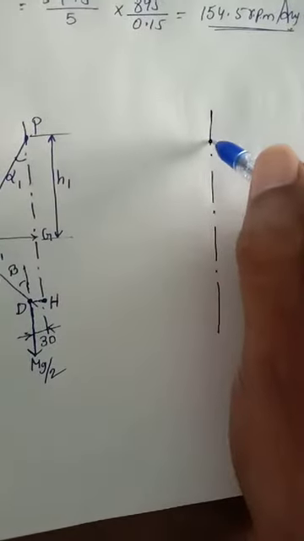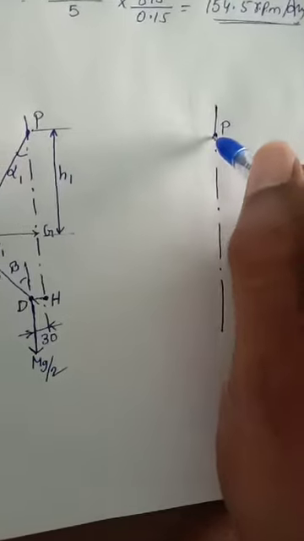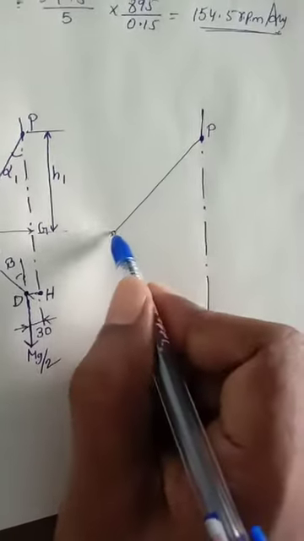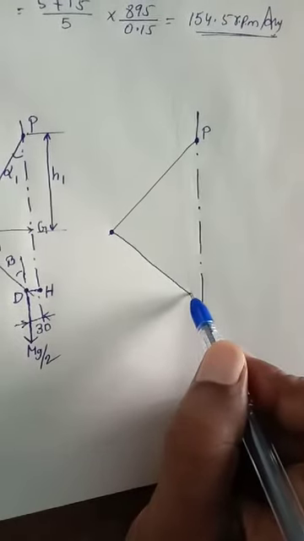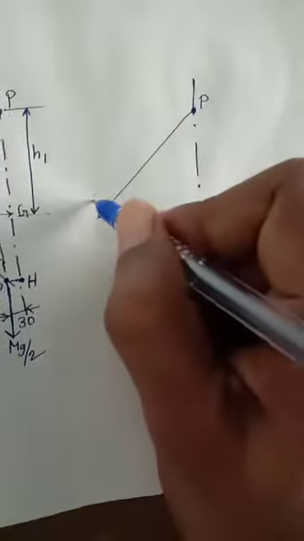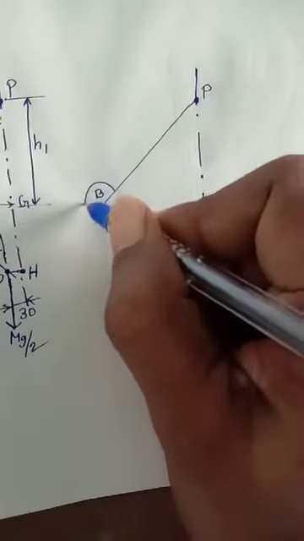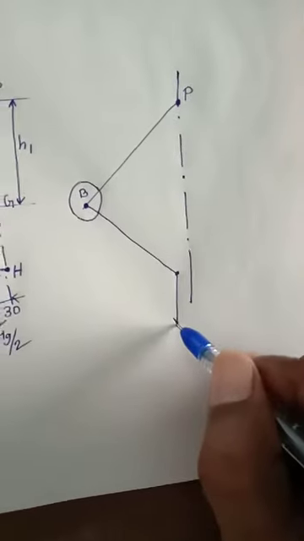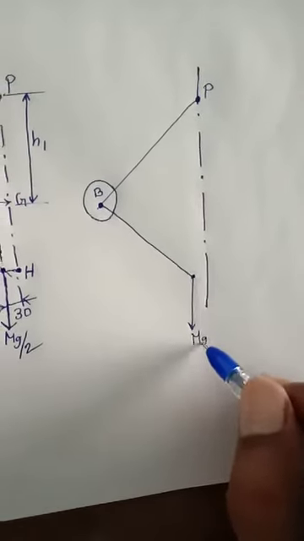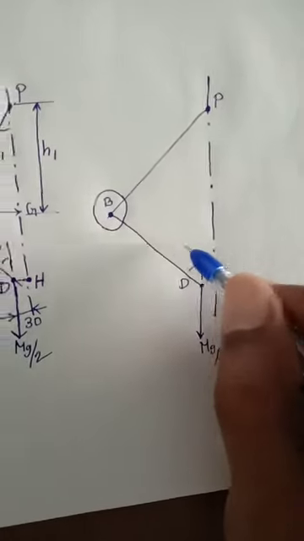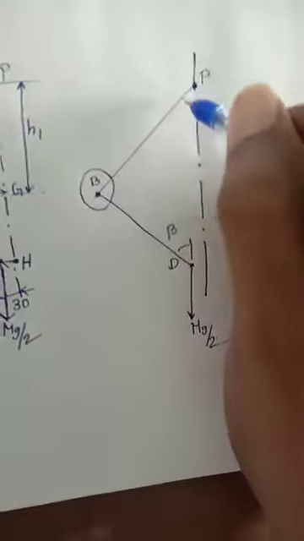So this is P, and this is B, the ball, and then mg by 2. This is D. Here I put beta, this is alpha.